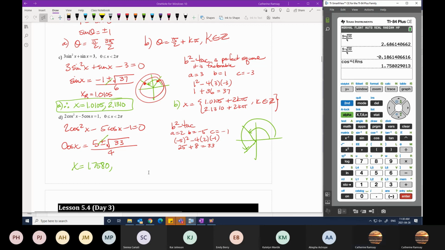So in order to find the second quadrant answer here, it's a little bit complicated to say the least. Does everybody see my reference angle is actually that right there? And so this answer right here is 1.7580. So does anybody know how I could find the reference angle?